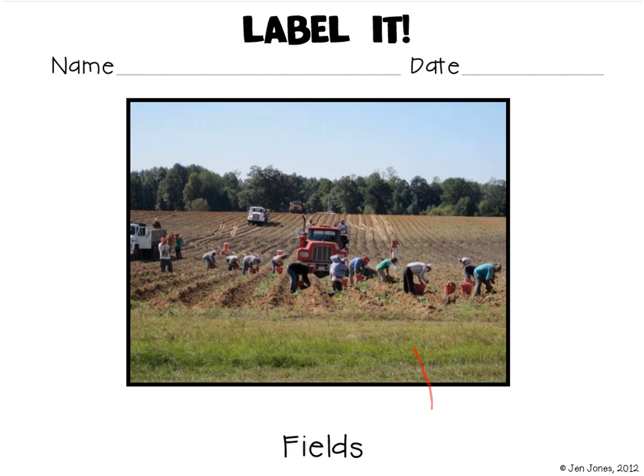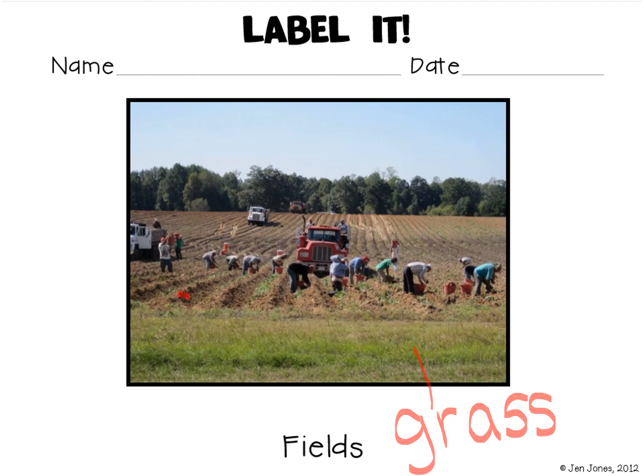I heard 4 sounds, so I need at least 4 letters. G, r, a, s. And if you did it like that, that would be perfect. Now in real life, grass has 2 S's. But if you only had 1, that would be fine because you had all of the sounds.